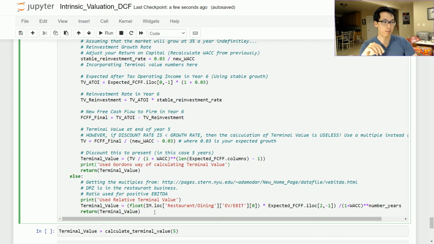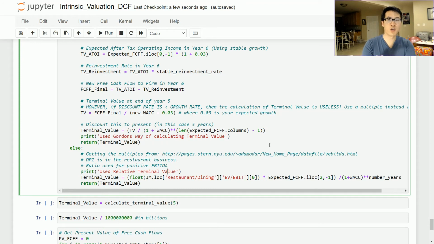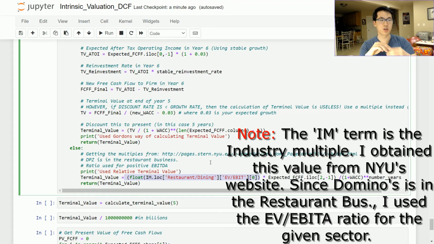The other way was just to use a relative terminal value. So this isn't 100% an intrinsic valuation. It's like a mix between the intrinsic value and the relative valuations. But essentially what you're doing is multiplying an industry multiple. In this case, I'm using the enterprise value to EBIT value.